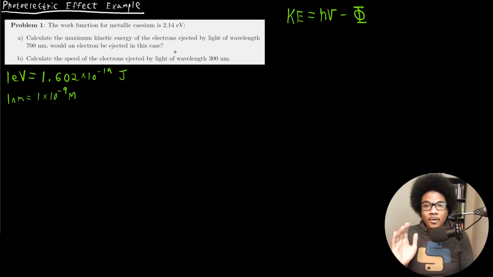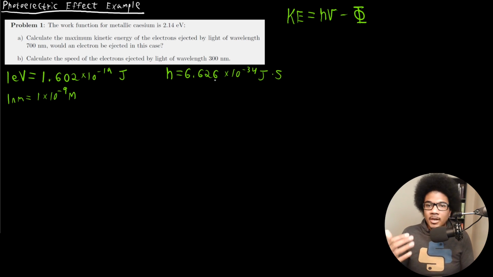Also, we want to write out all of the constants that we know we'll need. We'll need Planck's constant, which is 6.626 times 10 to the negative 34 joules times seconds. So it's good to have that ready and to convert all your energies to joules so they'll be compatible with Planck's constant and its units.